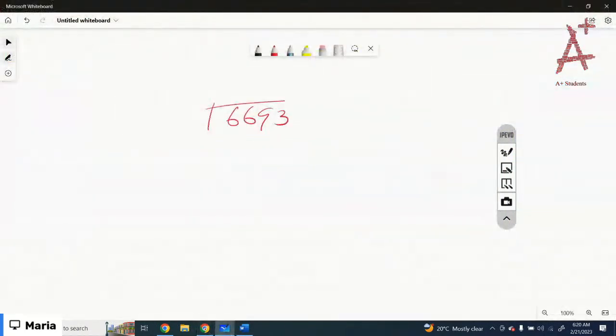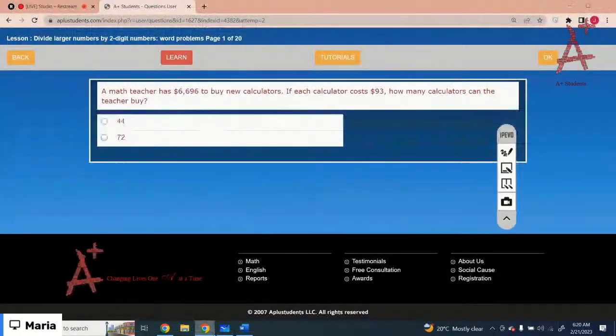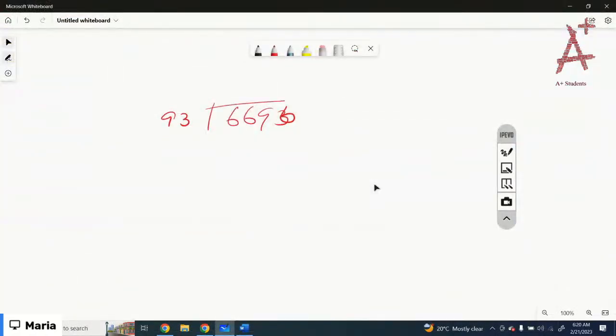Let me just see, 93 times 7. Got it? Because I remember the answer is 72. That's why I'm trying for 7. Let me show you how to divide actually, but I know the answer.